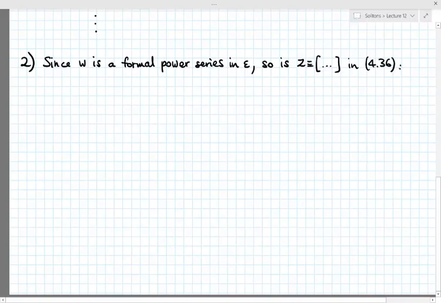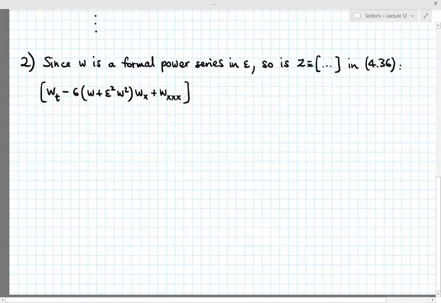So let me remind you that that quantity was Wt minus 6 W plus epsilon squared W squared times Wx plus Wxxx. That is what I call Z. Again, it's a function of X and T.